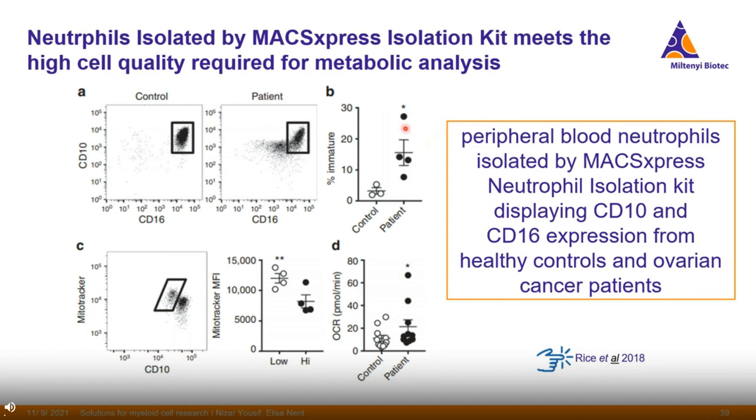Immature CD10 intermediate neutrophils possess greater mitochondrial content, and cancer patients' neutrophils possess greater ATP synthase dependent OCR. OCR stands for oxygen consumption rate, compared to healthy controls.